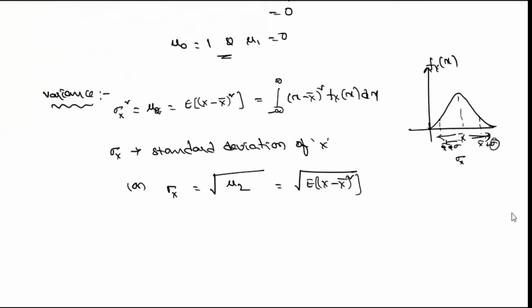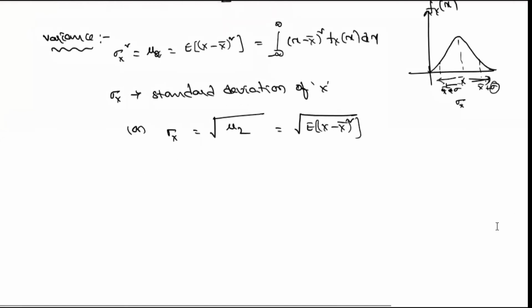Now I'm going to take one simple derivation which gives the relation between the variance and the moments about the origin, the first order and second order moments about the origin. So how to get it? For this I take the second order central moment nu2, which is equal to sigma x square, the expected value of (x minus x bar) whole square.